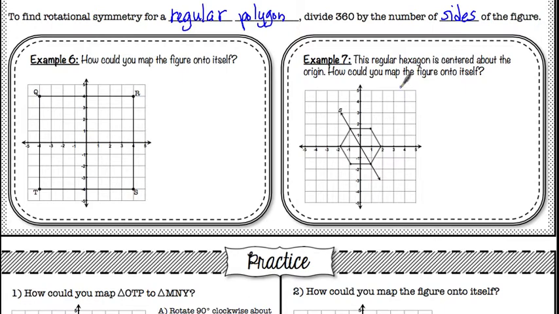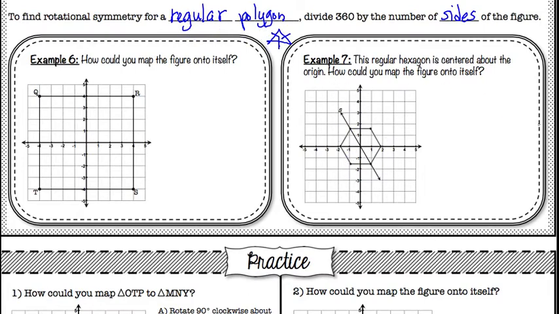Earlier in our notes, we wrote down the definition of regular polygon. That's a figure where all of the sides are the same exact length, like an equilateral triangle, or a square, or this looks like a pentagon, no, a hexagon, 1, 2, 3, 4, 5, 6. A regular hexagon is another example of a regular polygon. All the sides are the same length.